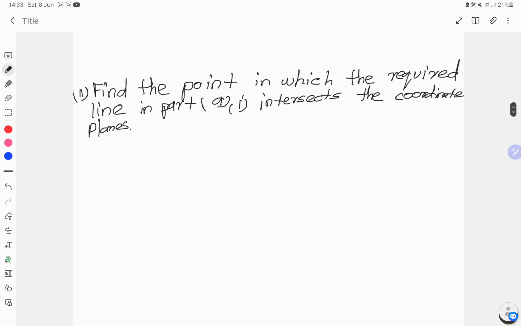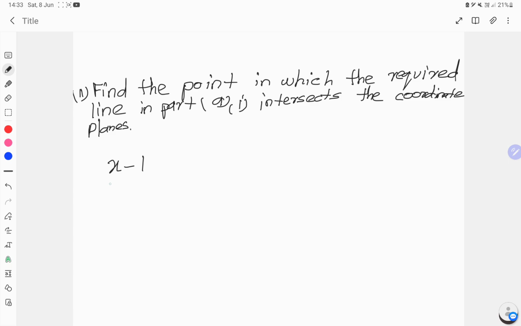Next question. Find the point in which the required line in part A intersects the coordinate plane. Intersects the points we need to calculate. We need to find the symmetric equation. Therefore first we find the symmetric equation of the line.